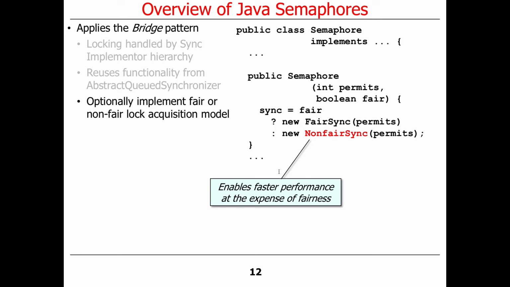There's something else called non-fair, and non-fair emphasizes performance at the expense of fairness. So what non-fair does is it says, I don't really care what order they came in. I'm going to pick the next one, which is the fastest. And that often has to do with low-level things like processor thread affinity, thread scheduling affinity.